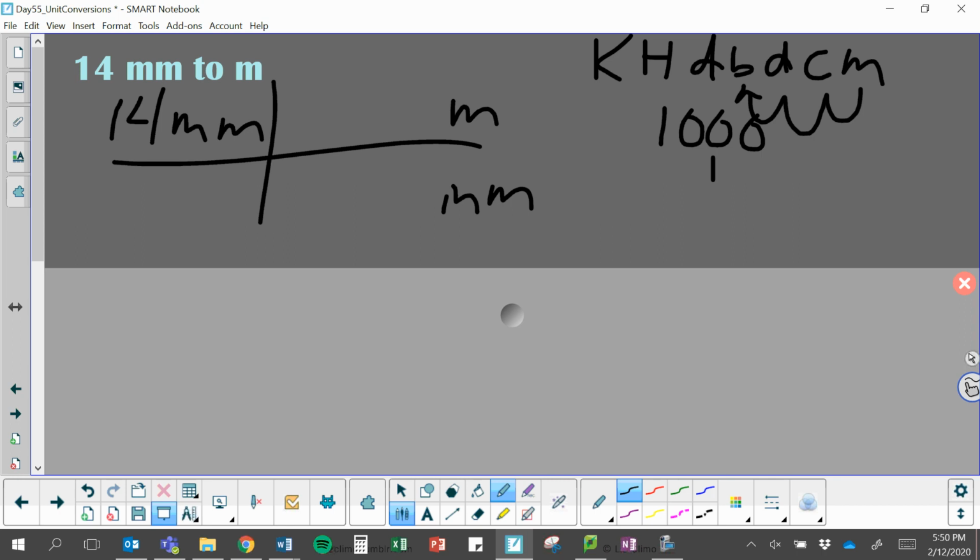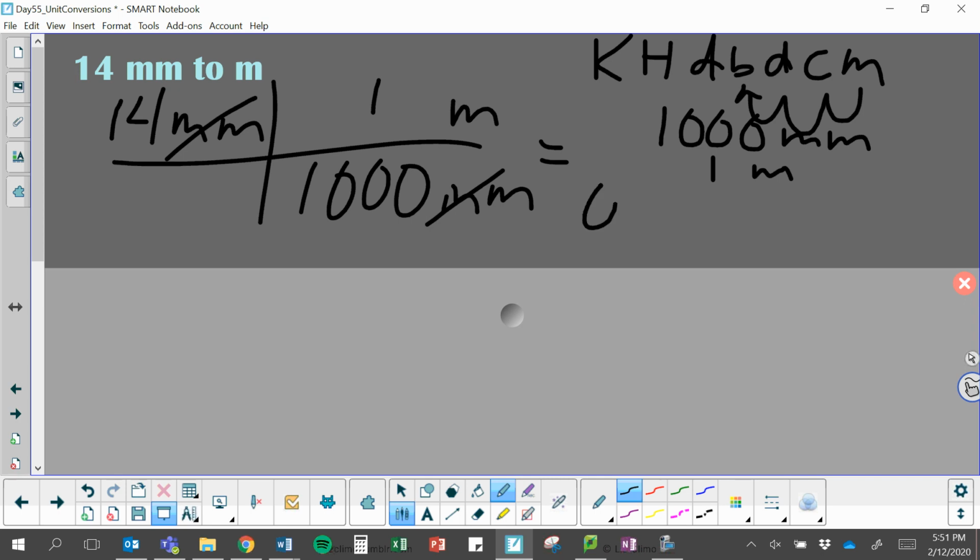So our base then, we're going to have 1 meter equals 1,000 millimeters. So now we'll put our 1,000 down here and our 1 up here.